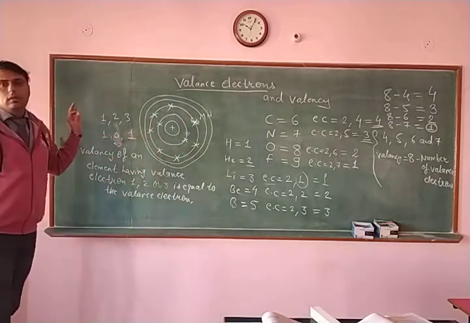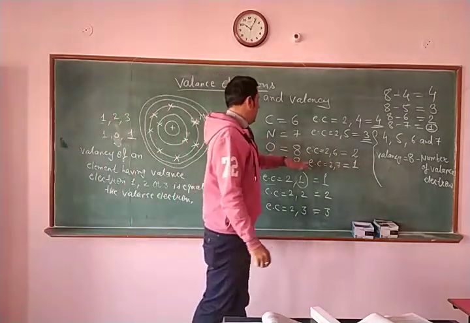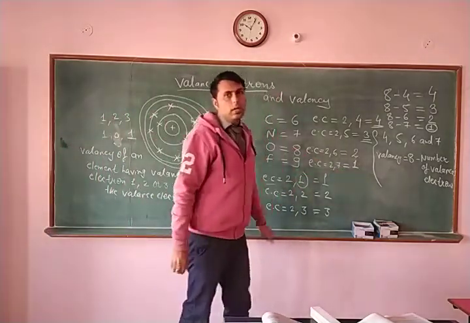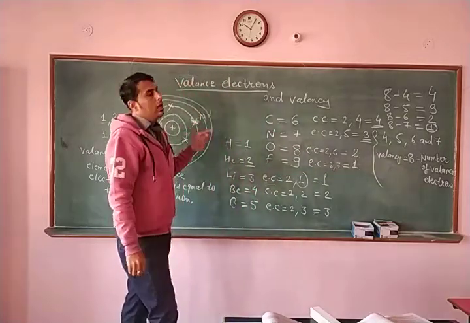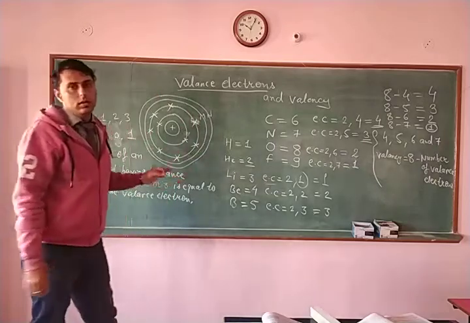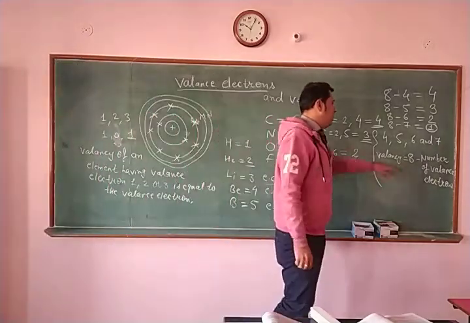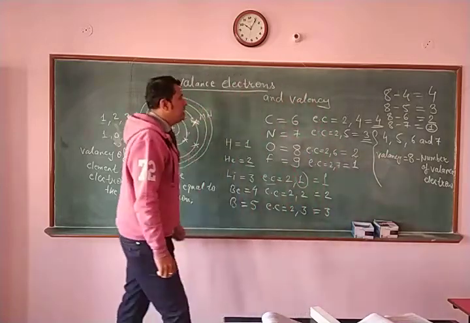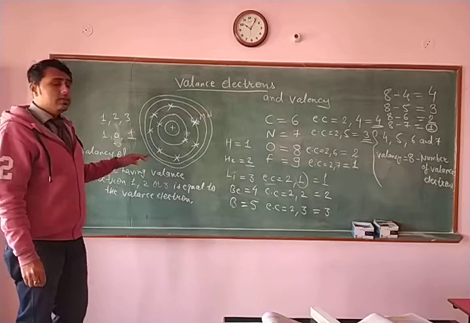So 7 valence electrons are present in the outermost shell of fluorine. And how do we calculate the valency? Valency equals 8 minus the number of valence electrons. So 8 minus 7 is 1. So the valency for fluorine will be 1. Okay, so that is for fluorine.